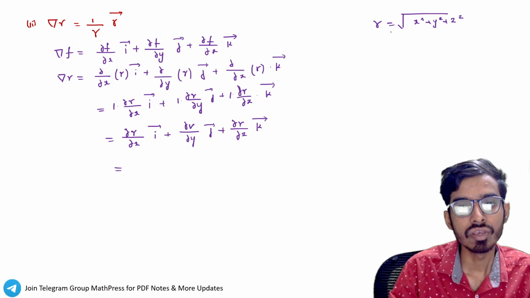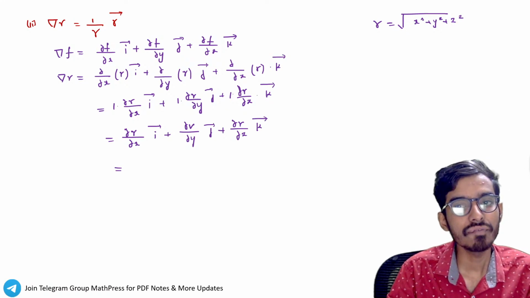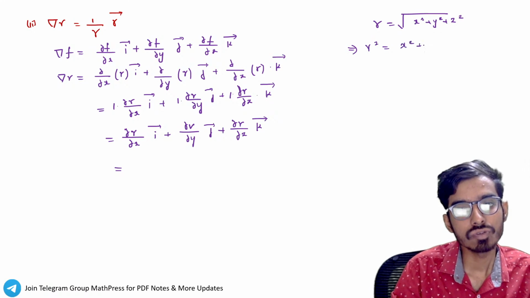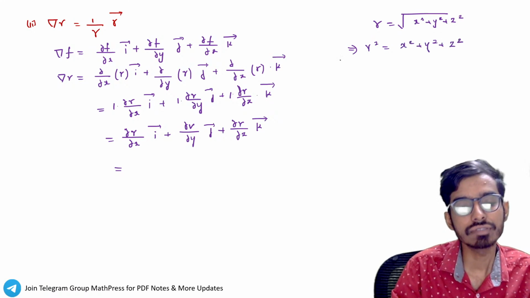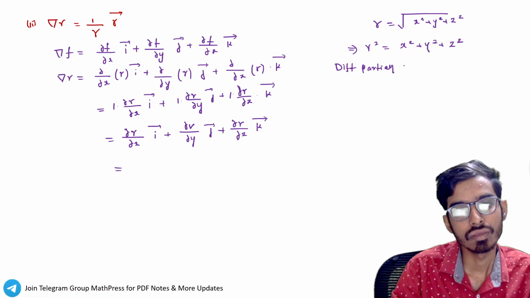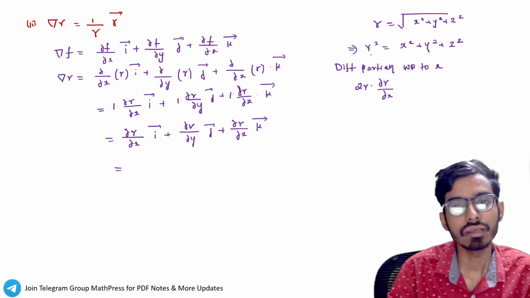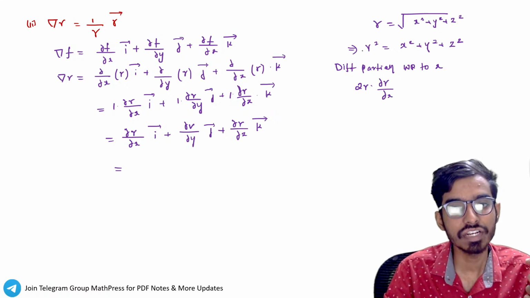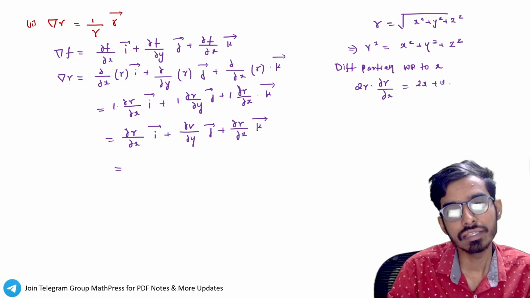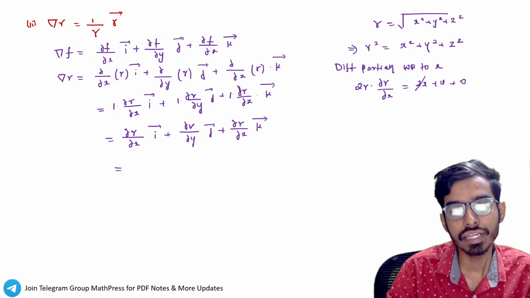So we have r equal to root of x² + y² + z². That means r² is x² + y² + z². Differentiate partially with respect to x. This will be 2r ∂r/∂x equals 2x, and the other terms are 0, so the 2 cancels.